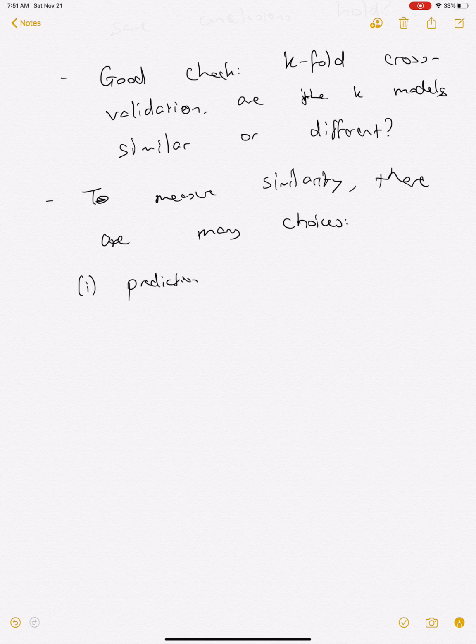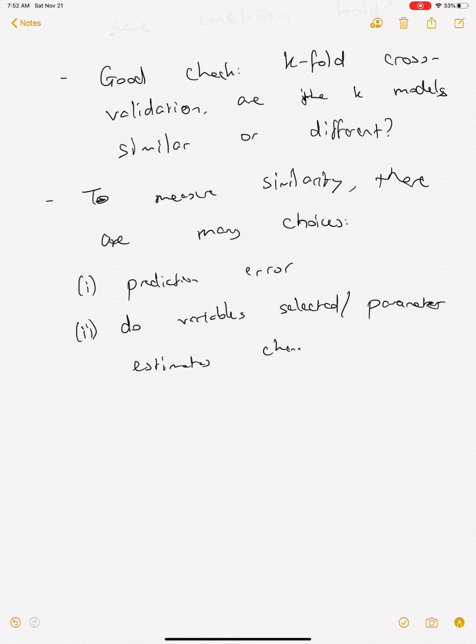Again, that always comes up: does your prediction error change a lot if you perturb the data a little bit? But then you can start to think about interpretation. Do the variables selected change, or do the parameter estimates change drastically?